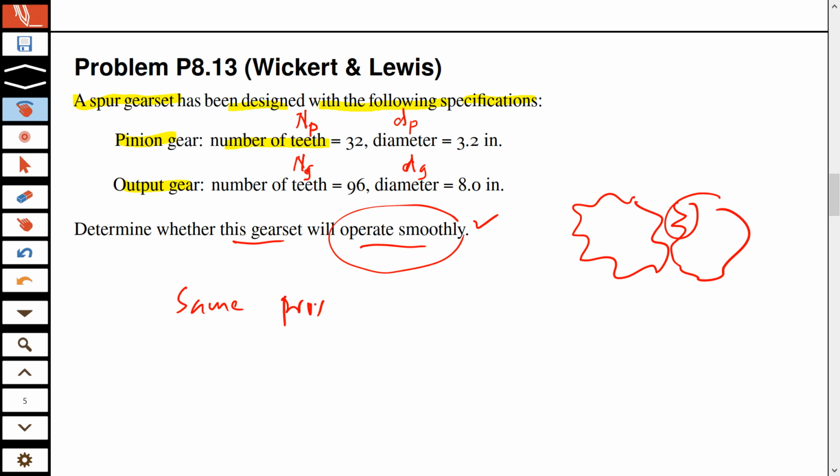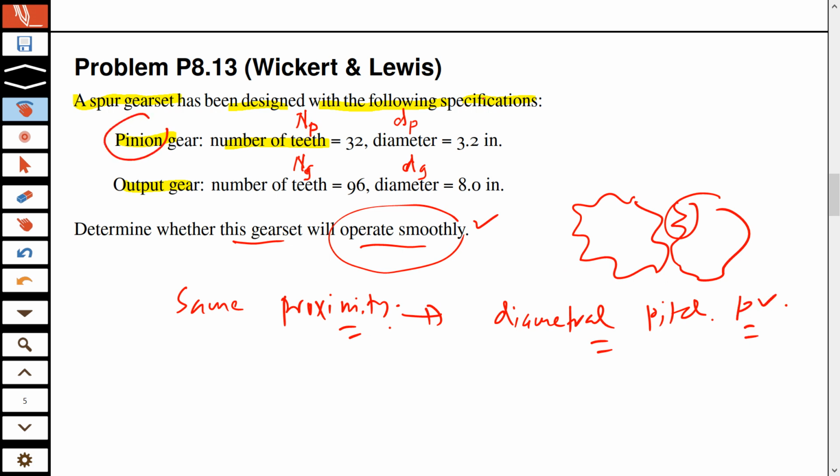Same proximity means that the density of teeth per unit distance must be the same, and for that we use a quantity called the diametral pitch, P. This P should not be confused with that P, because this P is for pinion. That's why we write it straight, and this P is italic. This is for the pitch.